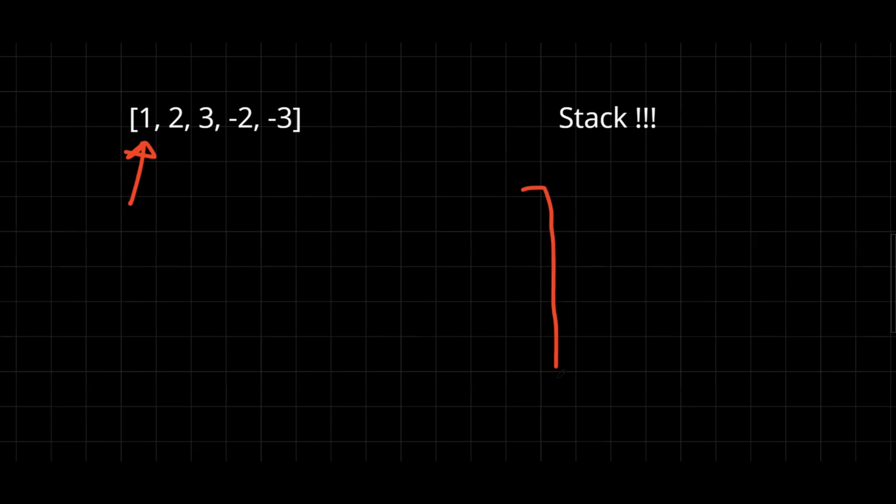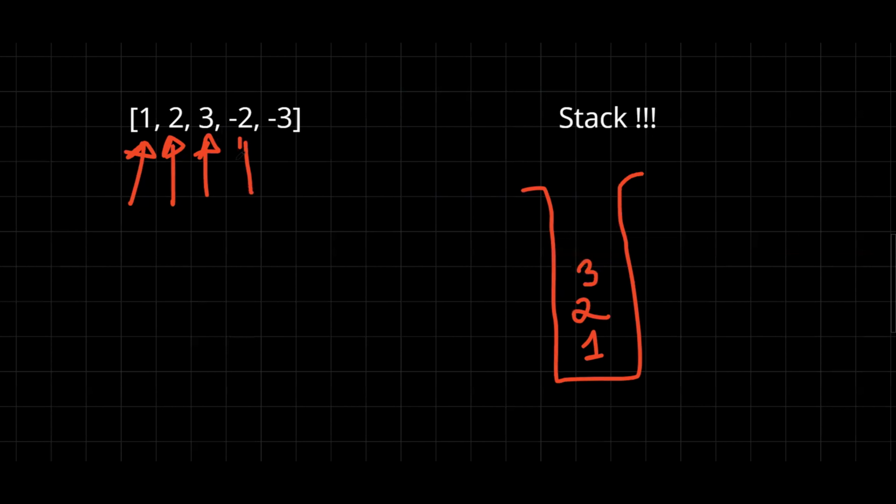So we should insert this element 1 into the stack. So we are inserting 1 here. Now, for this element 2, we should insert it into the stack. Now, for this element 3, as it is positive, we have to insert it into the stack.